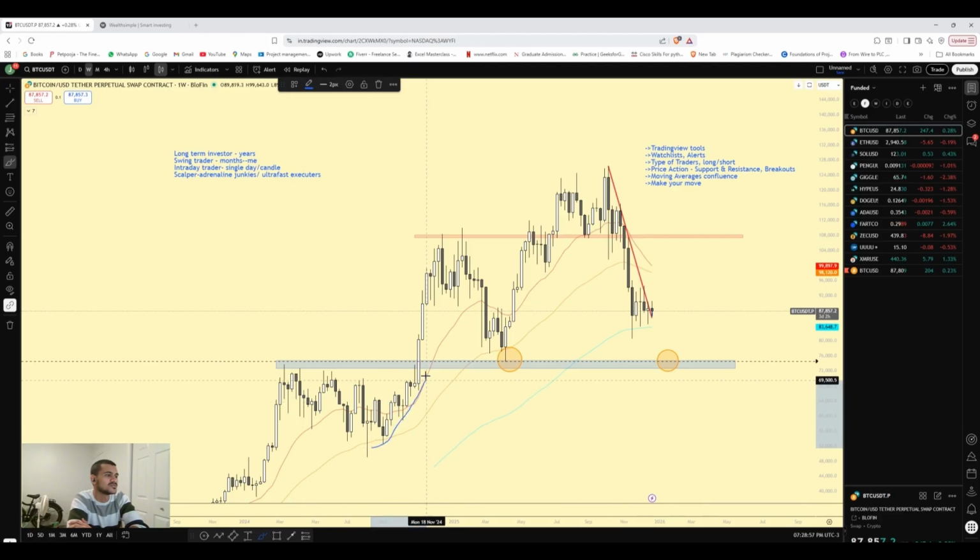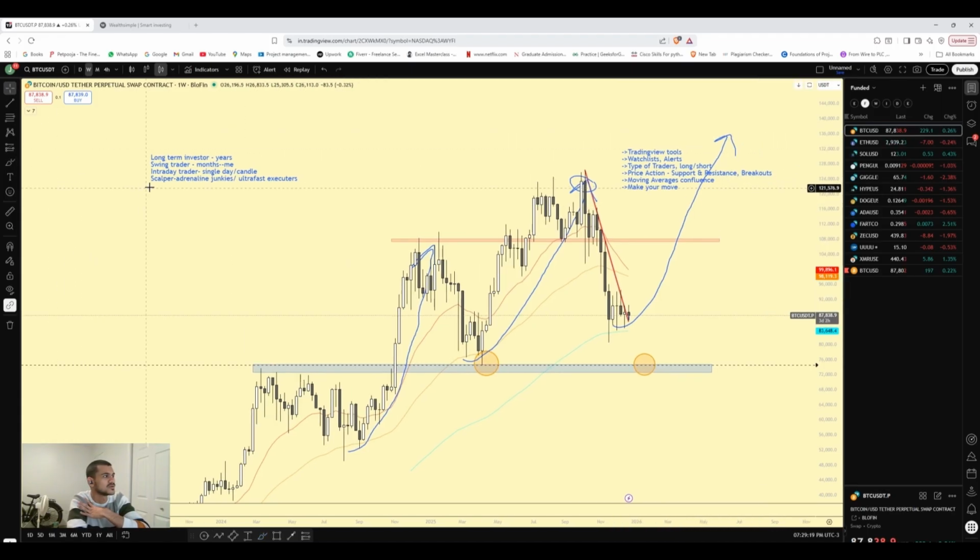This is a swing in the upside motion. My job is to catch this swing and then sell at the top and then wait for another swing. Zoom. I catch that. I sell at the top and then I again wait for another swing. So I like swinging. So that's me, swing trader.